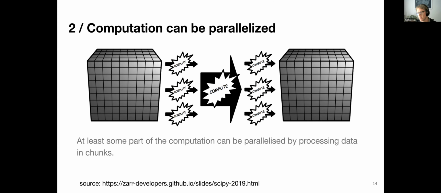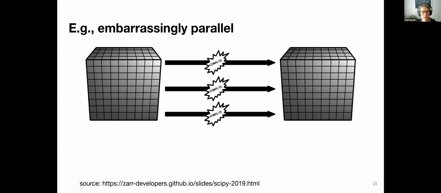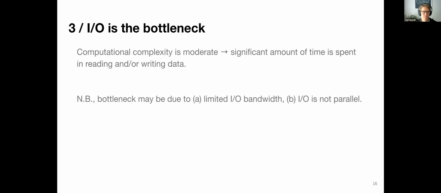Sometimes the computation that we're doing can be parallelized. Some part of it can be parallelized, or if we're lucky, the problem might be embarrassingly parallel, where there's no relationship between the individual blocks of computation. We often run into the fact that I/O, or input-output of data from the storage layer, is the bottleneck.